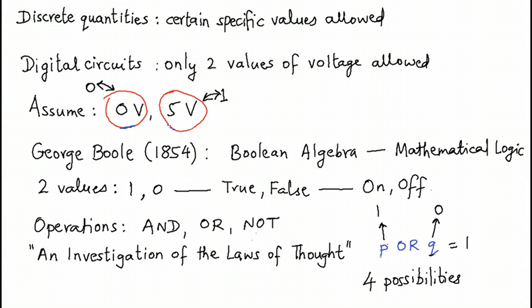So this tells us how to take care of the Boolean variables like P and Q in a digital circuit by representing their values either by 0 volts or by 5 volts. This is the first step in establishing the connection between Boolean algebra and digital circuits.